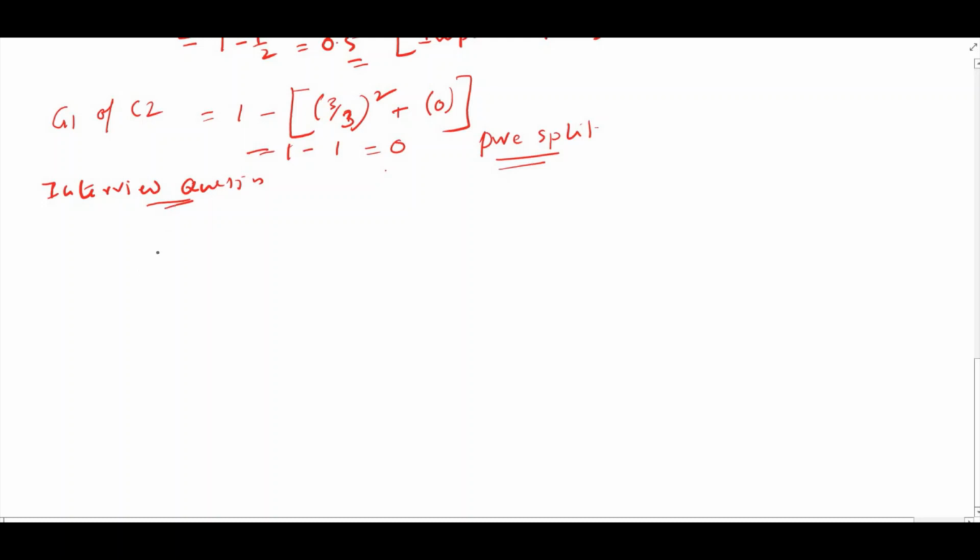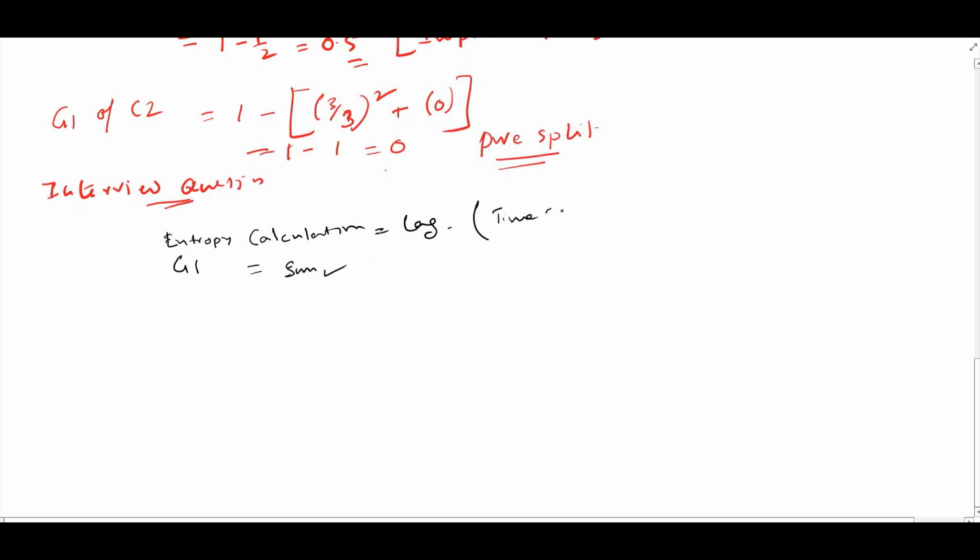When we are doing the entropy calculation, it is a log based calculation. But when we are doing the Gini index or Gini impurity calculation, it's just a simple summation. So entropy is more time consuming.